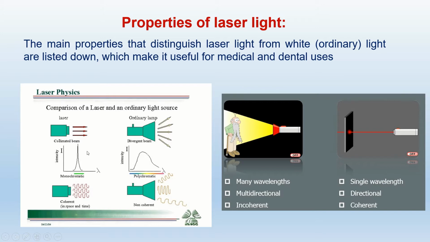For the color, the laser has a single color, so it's called a monochromatic beam, while ordinary light is polychromatic. It means many colors. The waves are coherent in laser. It means they have identical amplitude and frequency in space and time. ونقصد بالcoherence هو التناسق. Okay, while it is not coherent in ordinary light.